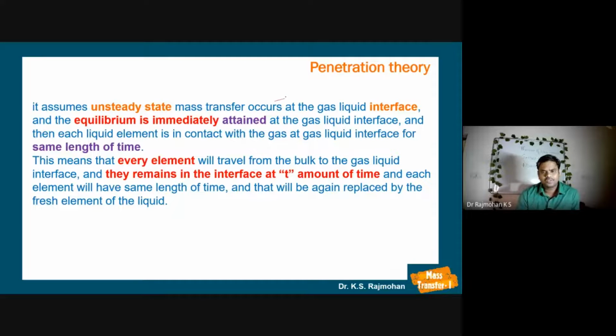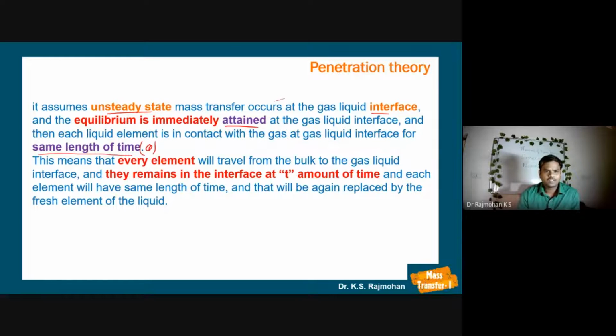If you summarize the penetration theory, it assumes that unsteady state mass transfer is taking place at the gas liquid interface, and equilibrium is attained immediately at the gas liquid interface, and each element is in contact with the interface for the same length of contact time theta.